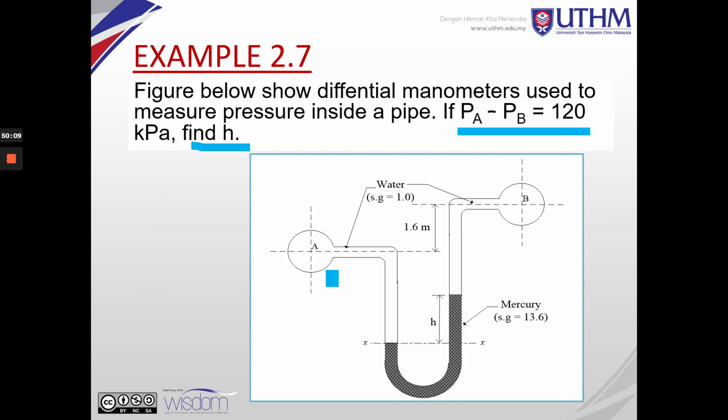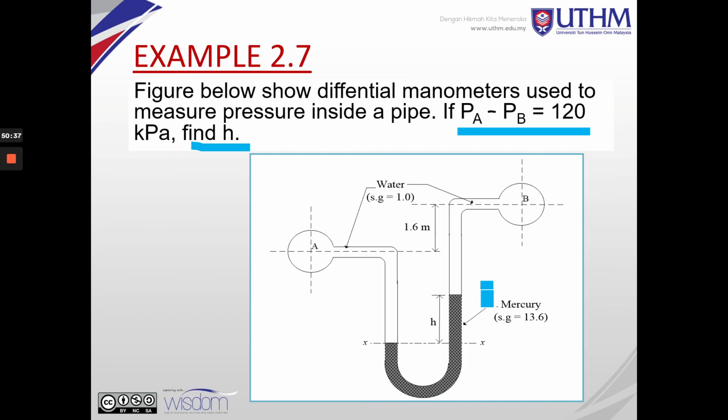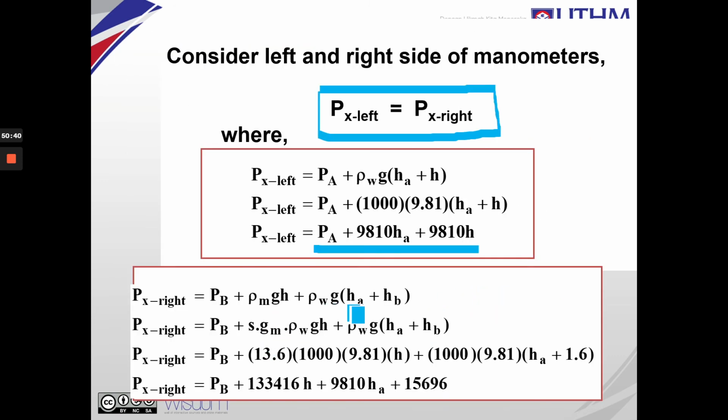HA and HB are expressed using H1, H2 and H3, so you use this equation to get HA plus HB.